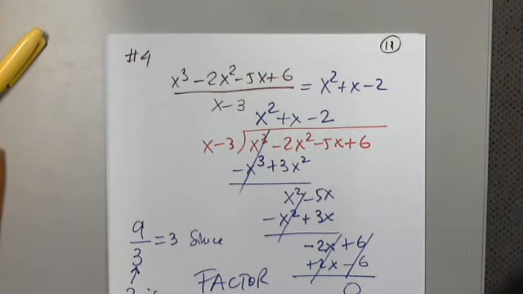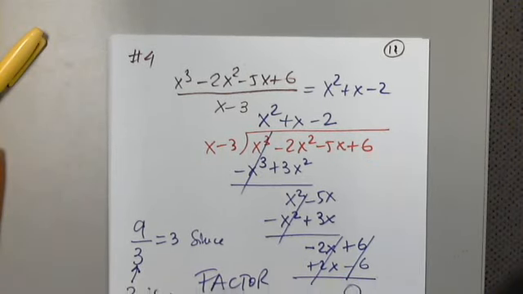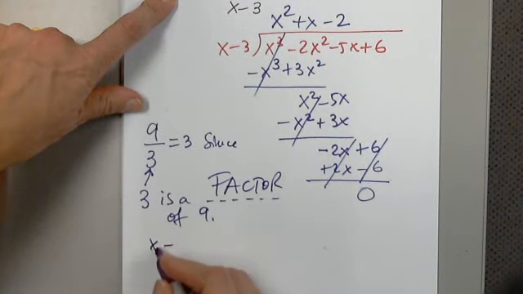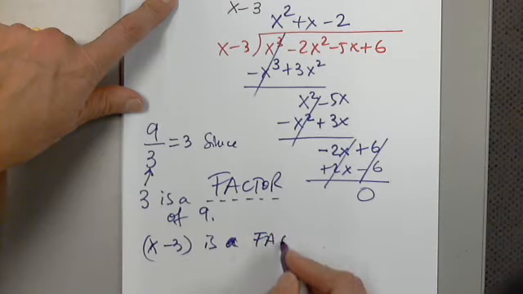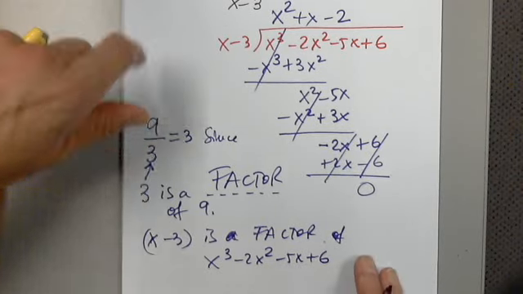It's a factor because the remainder is 0. So then I will conclude, in the same way, x minus 3 is a factor of x cubed minus 2x squared minus 5x plus 6.